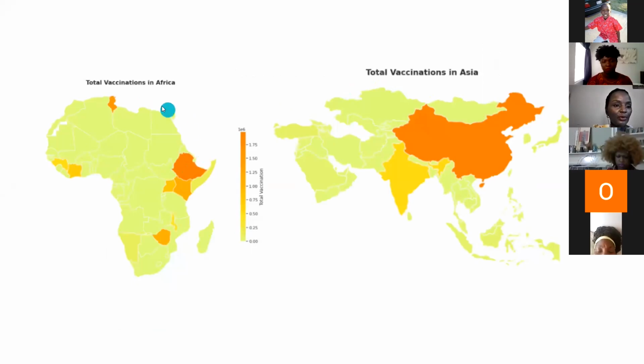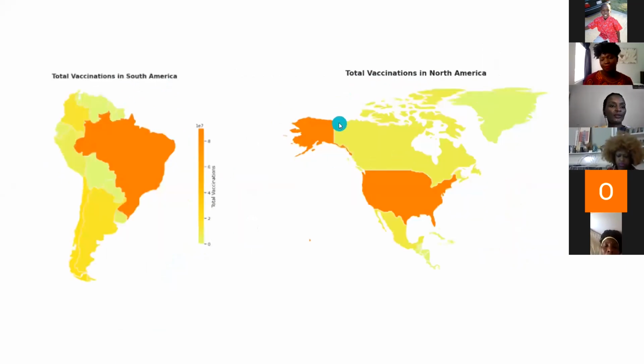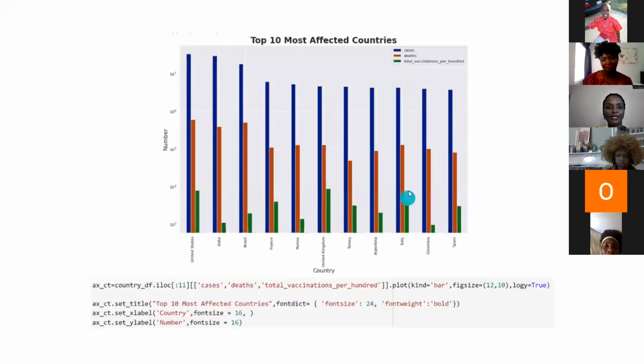We have Ethiopia and Tunisia having more total vaccinations, and Kenya shows up. Yay, yeah, Kenya. Total vaccinations in Asia, China had more vaccinations reported, and India also shows up. In South America, Brazil has more, and North America has.